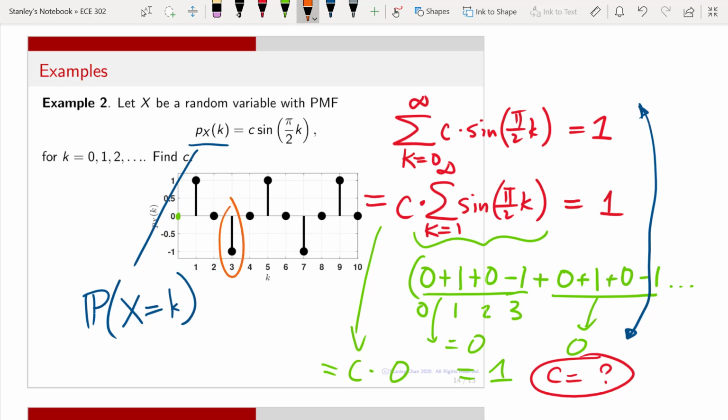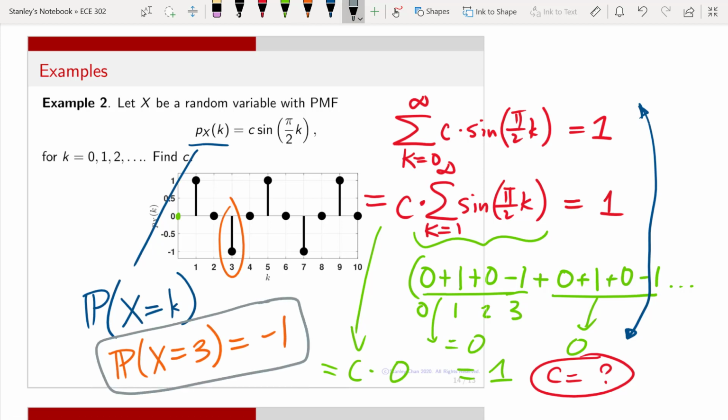Here you have probability of x equals 3, and you have -1. Now, what is this? This is violating the axiom of probability. This cannot happen because for any event, the probability has to be positive, or at least non-negative.